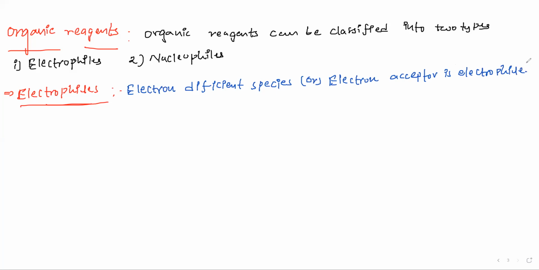Electrophiles can be classified into two categories.